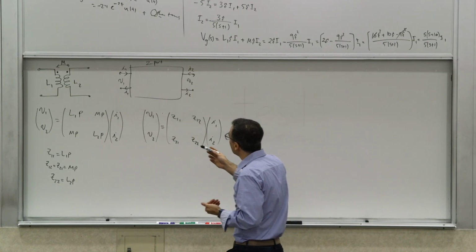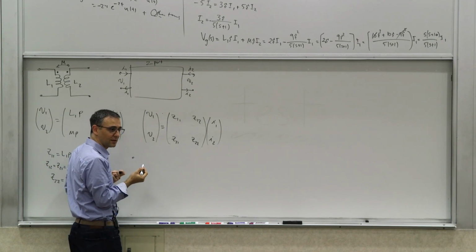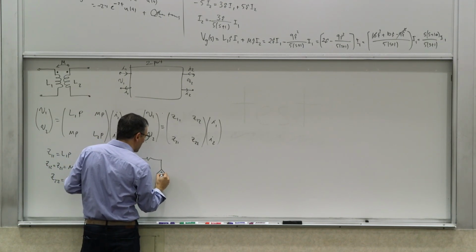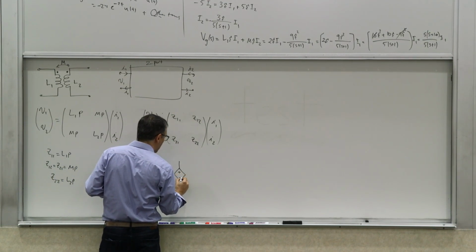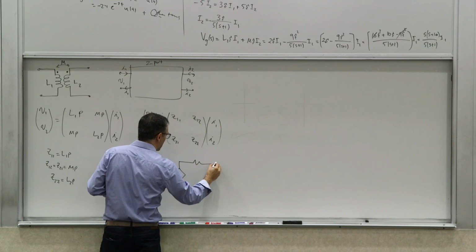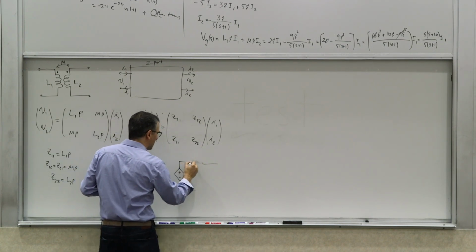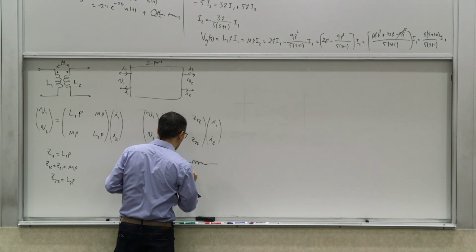Now, if you know these three parameters of a z two-port, there's an equivalent circuit, right? What is the equivalent circuit? The equivalent circuit looks like this. There are different ways to write an equivalent circuit, but one way to model it uses an inductor here.